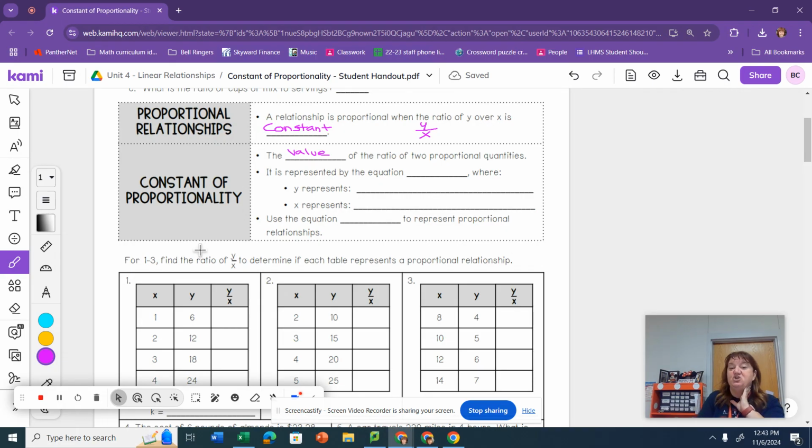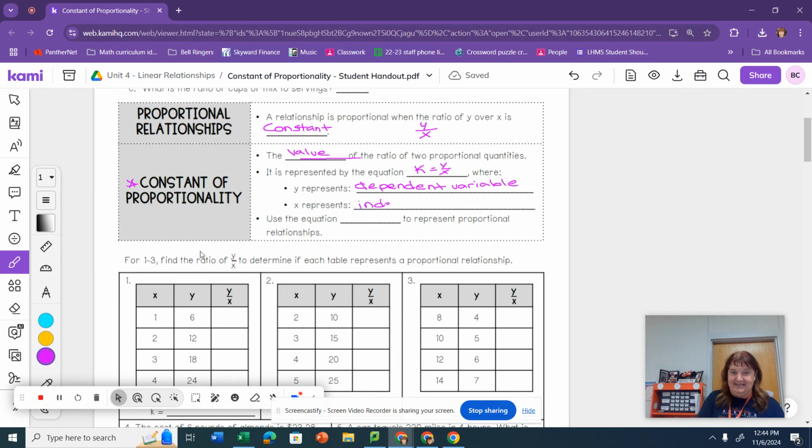The value of the ratio of two proportional quantities is your constant of proportionality. It's the value of that ratio. It is represented by the letter k. K, your constant of proportionality, equals y over x, where y represents the dependent variable and x represents the, what do you think it is?